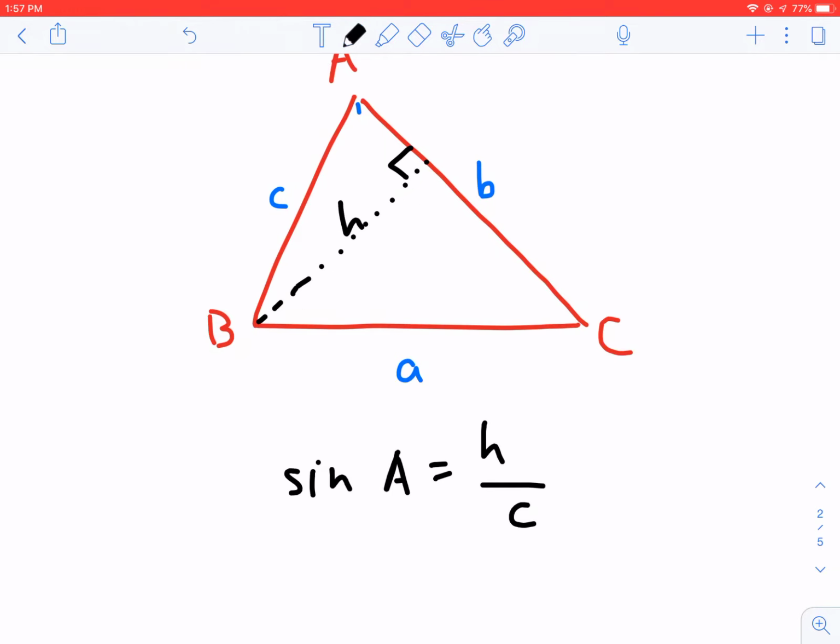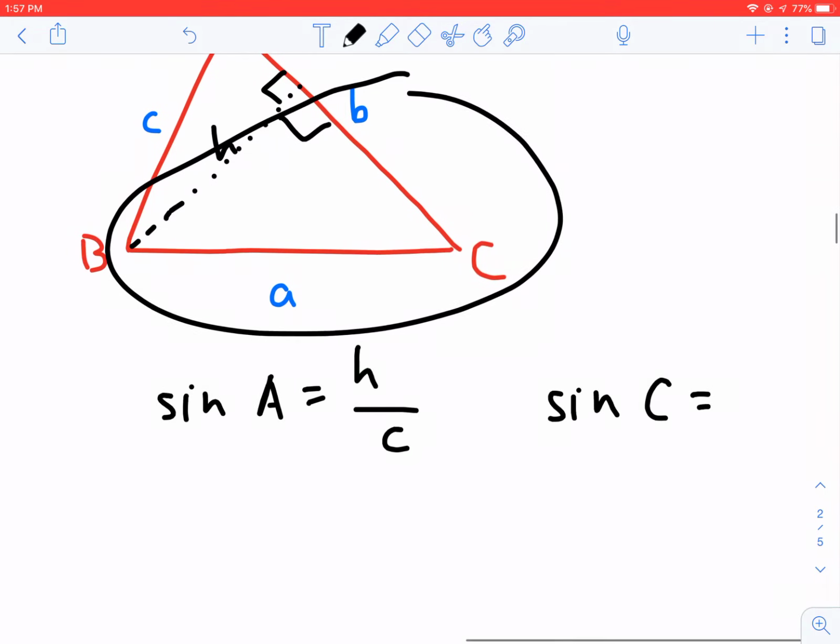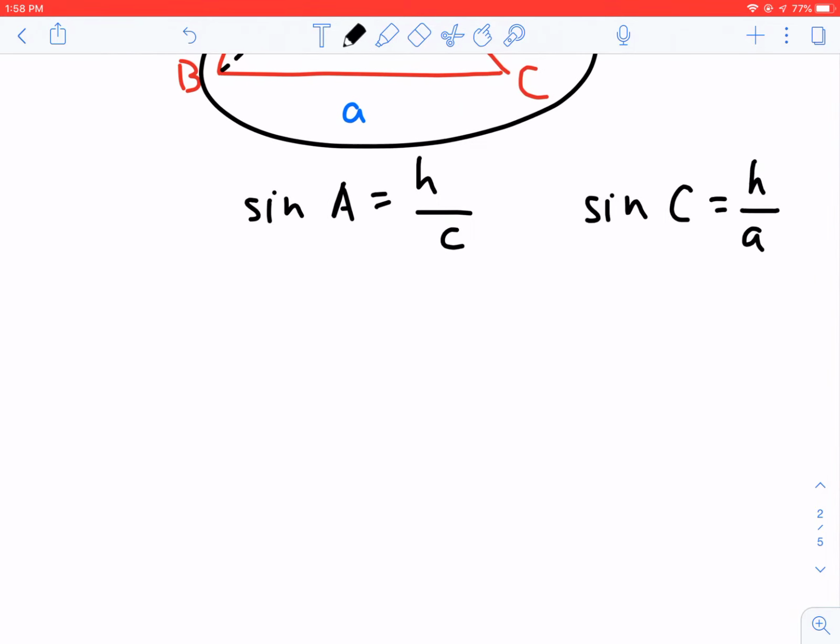And looking at the other right triangle, this guy over here, I could say that the sine of angle C equals opposite, again H, over the hypotenuse, which now will be A. And we're going to see the same thing happen.